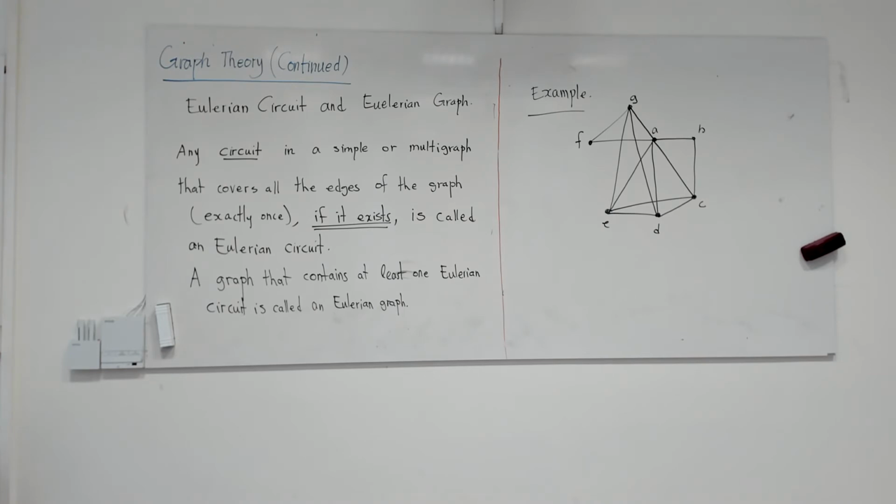So when I check Euler's theorem, I definitely know that this is Eulerian, because it is very easy to check. Whenever you are done, you can tell me.